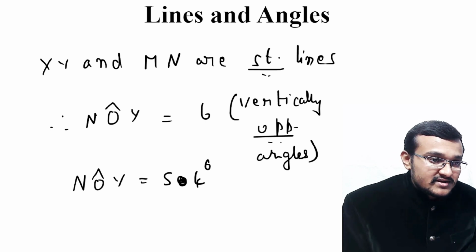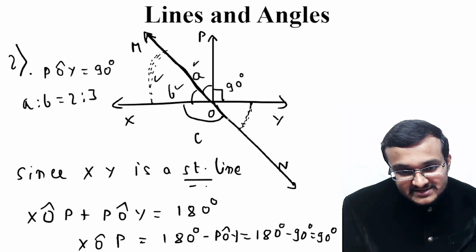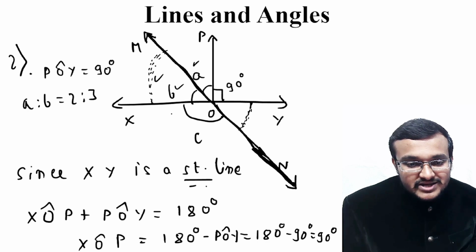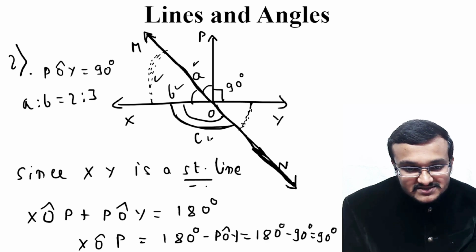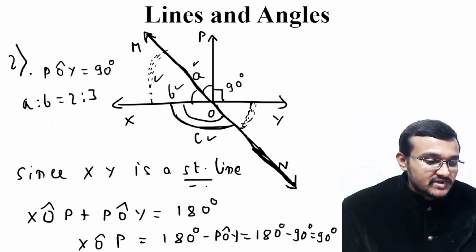And in this particular diagram, you can see that XY is straight line. So that means here ON is sitting on this particular XY line. So that means here XON, that is this particular angle, which is also known as C, and this particular angle, if you take sum of these two angles, it should be equal to 180 degree.